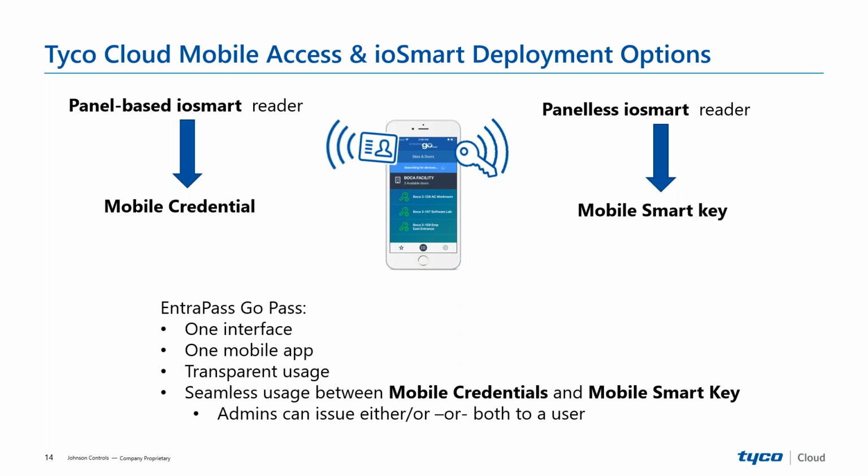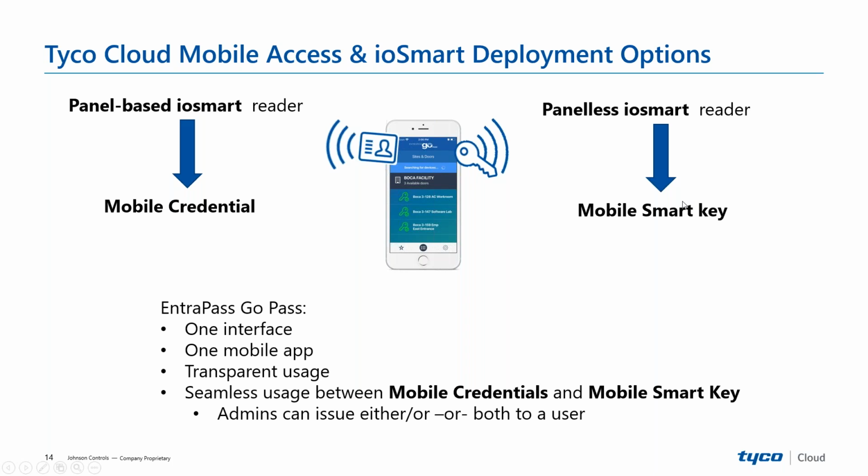So this way they get their Enterprise Go Pass, they have their X doors, and they get to press the doors that they actually want. Okay. So for example, if I press this door, it's gonna go to mobile credential. If I press that door, it will be a smart key.